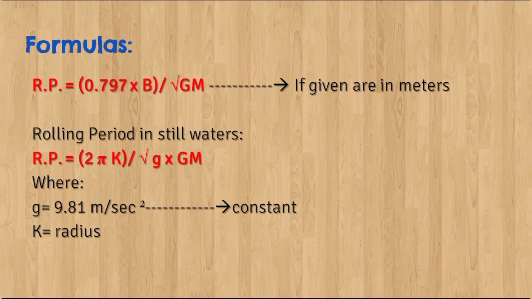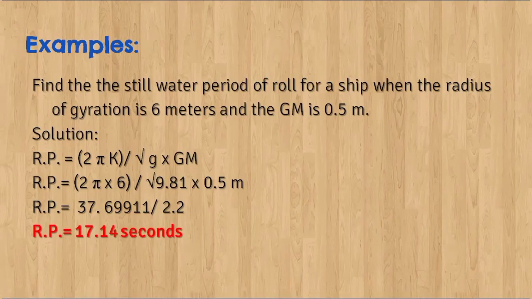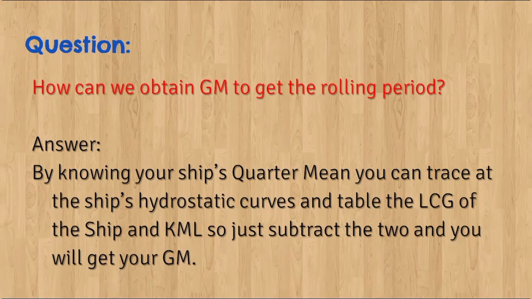Okay, so we have the question: how can we obtain the GM to get the rolling period? If we want to get the expected rolling period before we sail, then we have the initial GM by simply referring to our quarter mean. So again, this is just a continuation of the discussion.